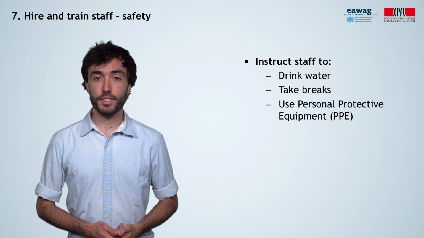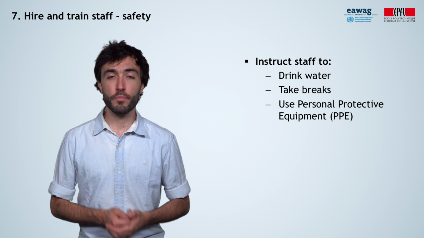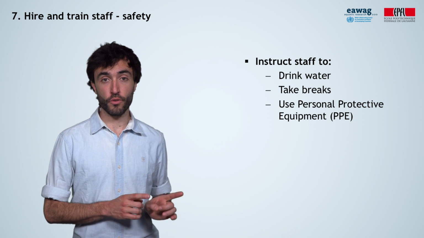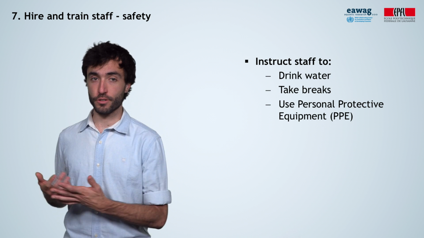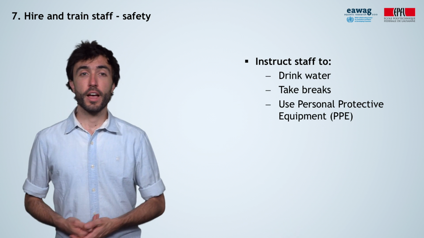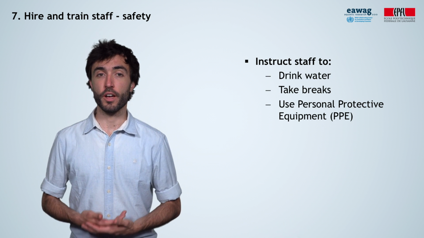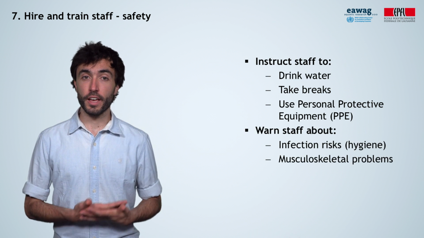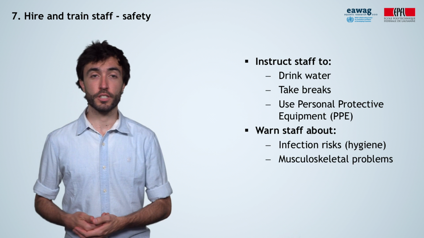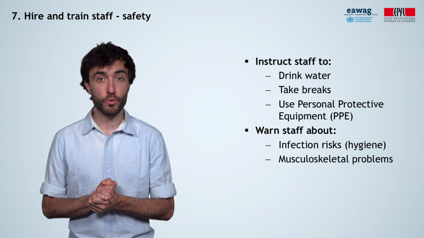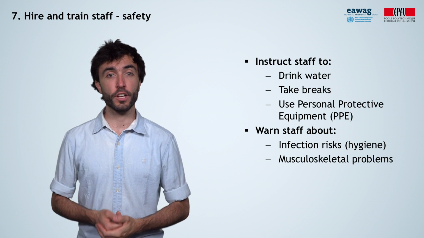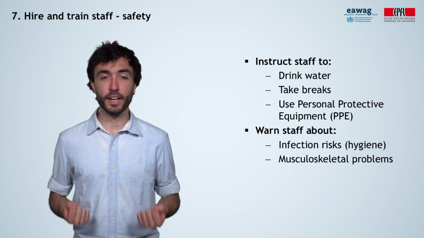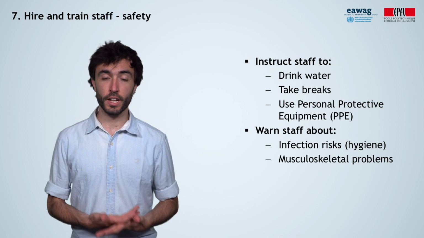Since sorting waste can be tedious and dangerous, the members of the sorting team must be instructed to drink water to avoid dehydration and to take adequate breaks, as well as to use personal protective equipment. And they should also be warned about infection risks and importance of washing hands with soap and water before eating, drinking, and smoking, as well as the importance of good lifting techniques to avoid musculoskeletal problems.